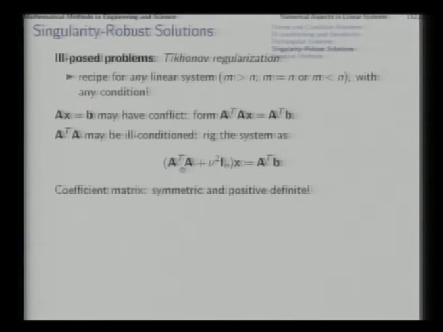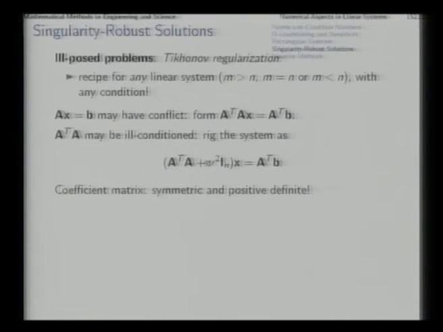Now, with this addition, it will not even be 0. So, now this coefficient matrix is symmetric and positive definite. You can prove that. In the book, one or two of the exercises advise you to prove this particular statement, that this matrix is always symmetric and positive definite. Symmetry is of course visible, positive definiteness you can prove.